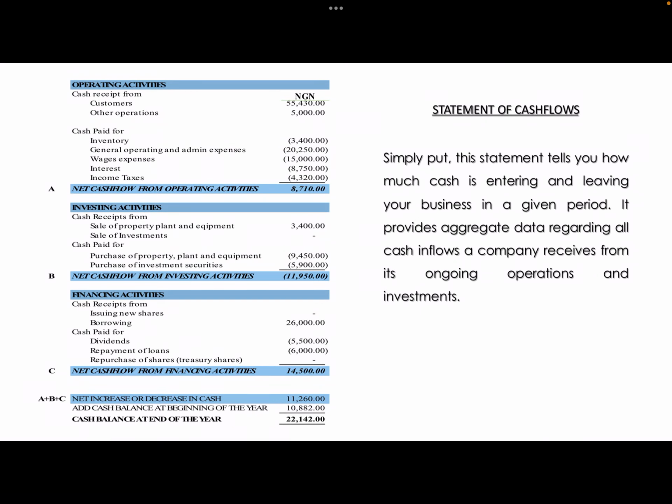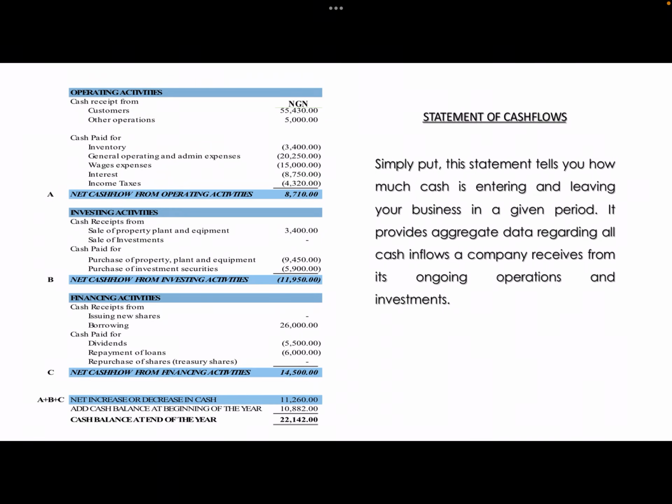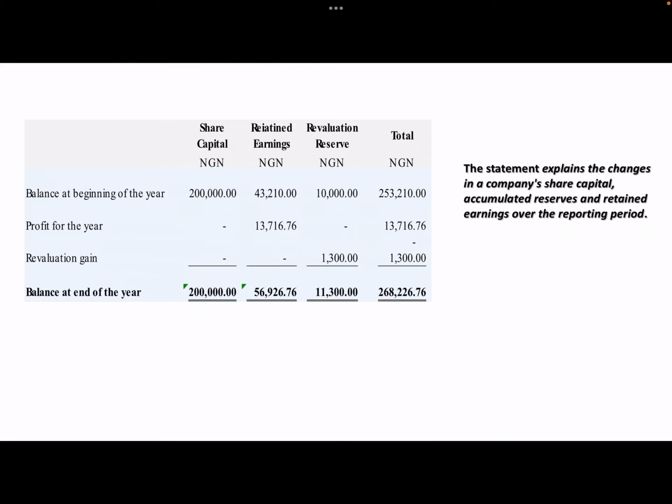Of course, the other statement that we talked about is the statement of changes in equity. We say this statement is the link between the income statement and the balance sheet. It also reconciles the equity balance between the beginning of the reporting period and the end of the reporting period.